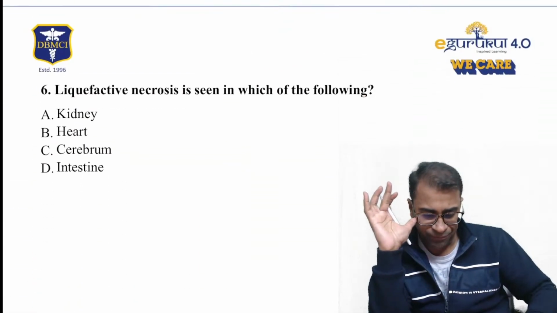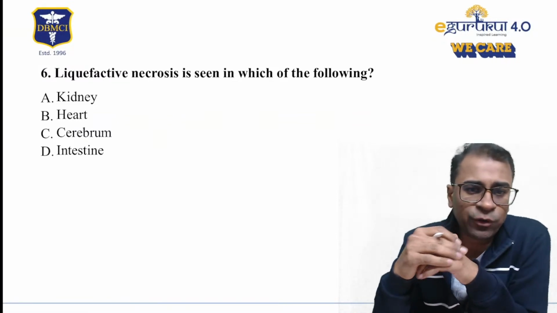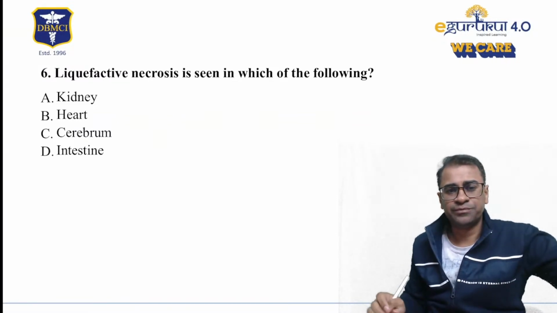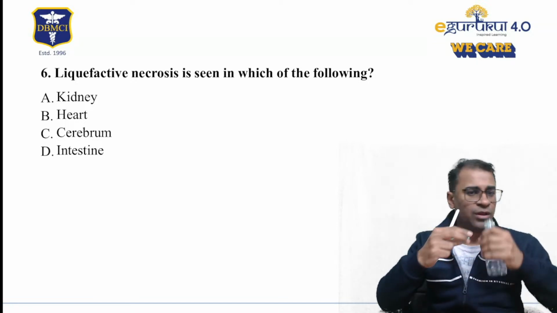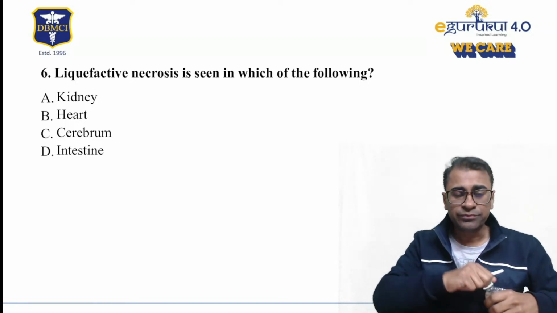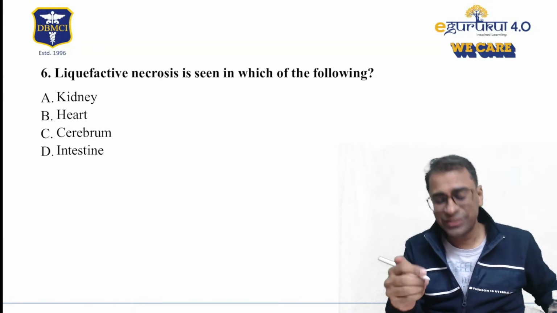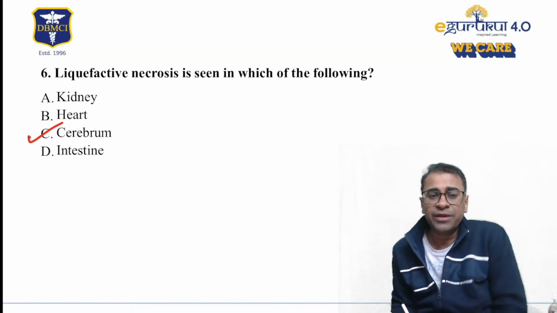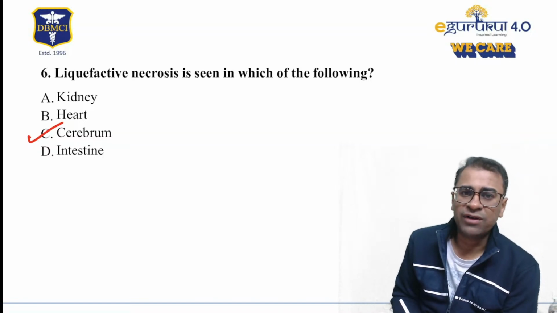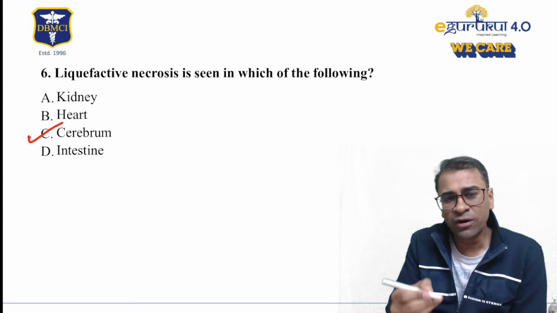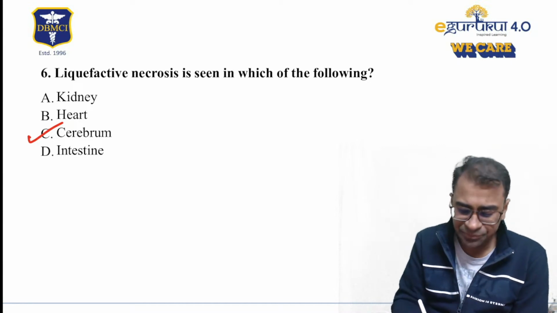Very good. Now, liquefactive necrosis in which of the following infections? Tell me, in which will liquefactive necrosis occur? Ischemia to CNS, perfectly answered. Yes, cerebrum. So cerebrum will undergo liquefactive necrosis, and all other organs will undergo coagulative necrosis. So what are the other examples of liquefactive necrosis?